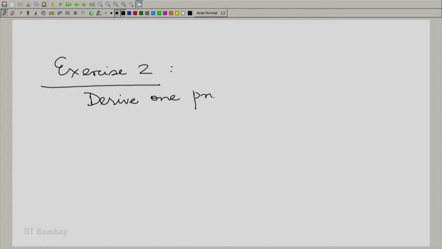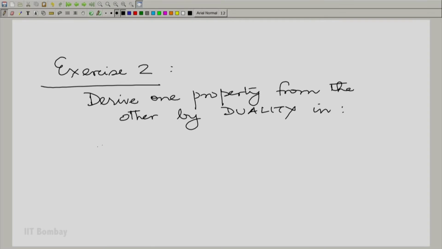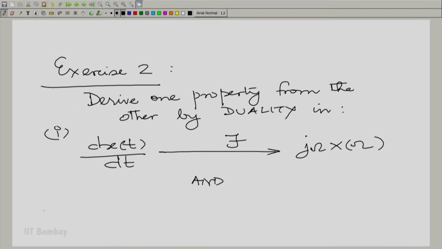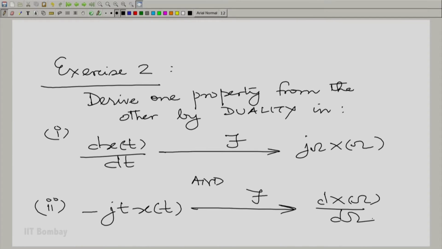And the other exercise that I am going to give you is exercise 2. Derive one property from the other by duality in the following. So, this is one and this is the other. So, what I mean in this exercise is, you of course have these two properties derived independently, that is all right, but you know the basic principle of duality.